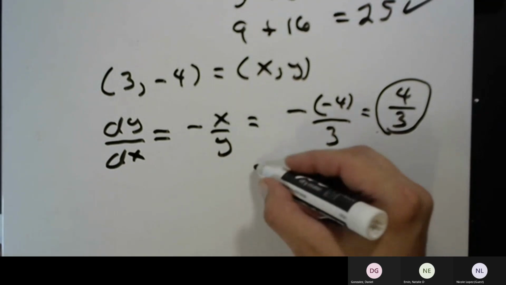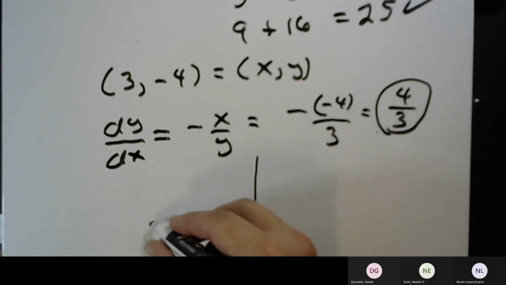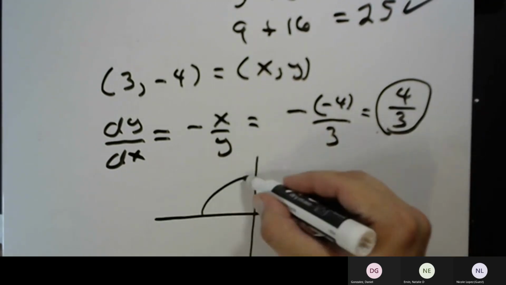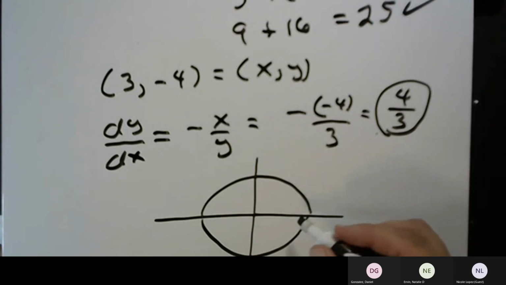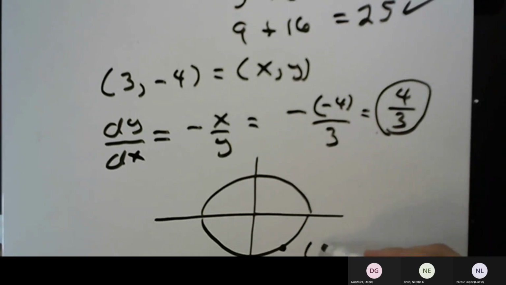So what we've basically done, so this is our circle here. So 3, -4, that's going to put us, say, right about here.